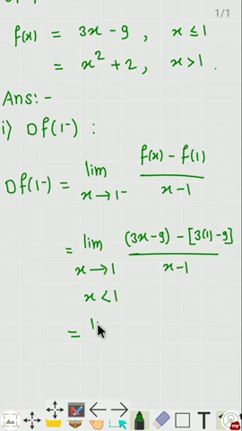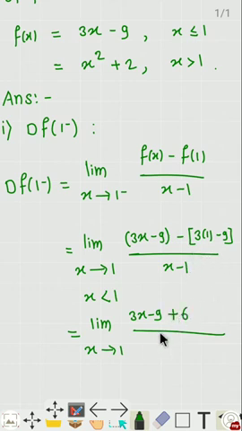So it is limit x tends to 1 of 3x minus 9 and this is minus of minus 6, so plus 6, divided by x minus 1.